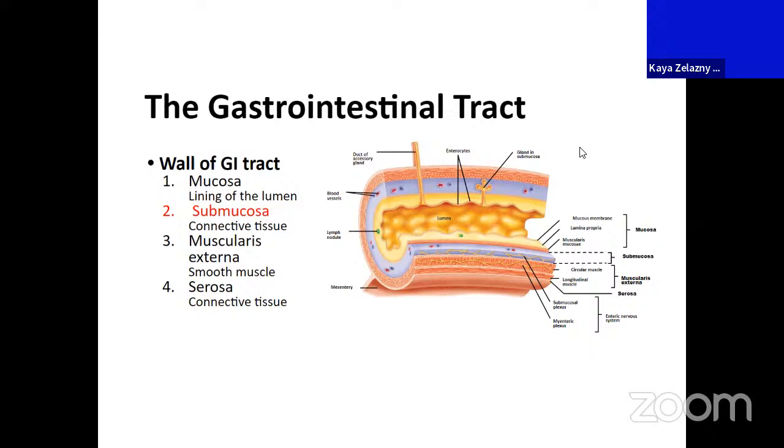Okay, so we got layers, which means we got different types of cells, different functions here. We're also going to have some sub-layers to these pieces. So these are the main big layers, and then we'll get to some of the details. Okay, so lining the lumen of our GI tract. Lumen just means hollow.